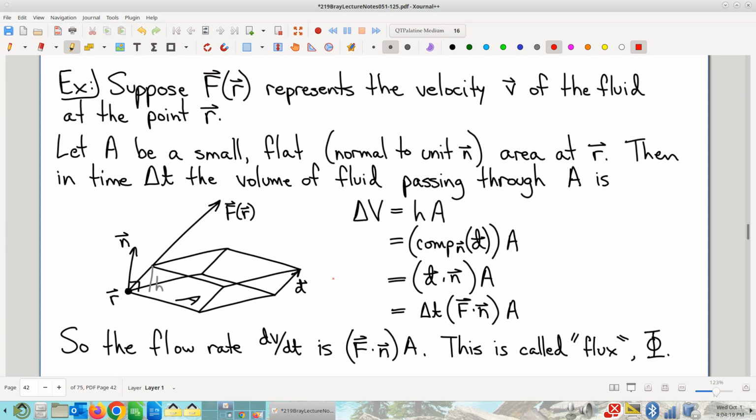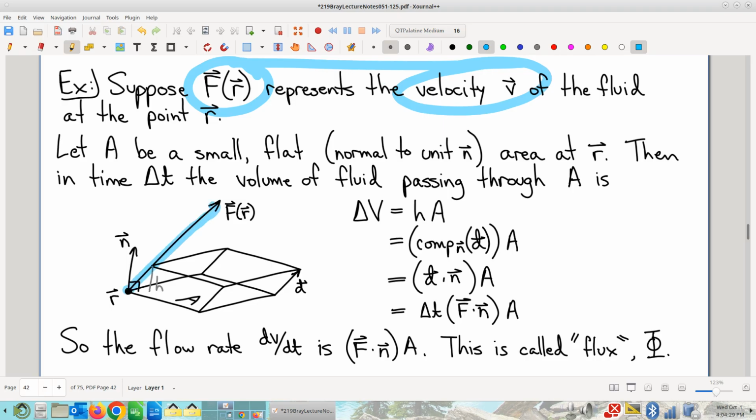Suppose you have a fluid flowing, and suppose we're going to use a vector field to represent the velocity of the fluid. So here, for example, something like that. By the way, in this example, I want to keep things as simple as possible.